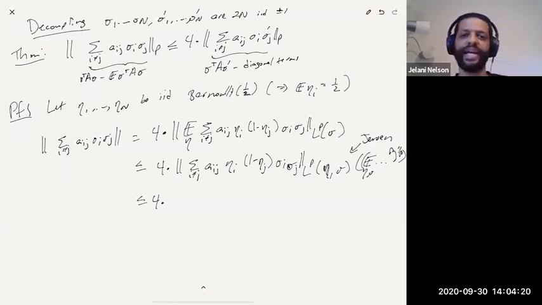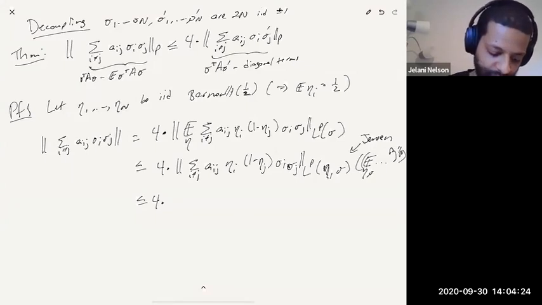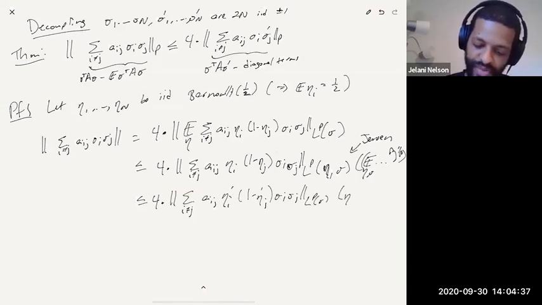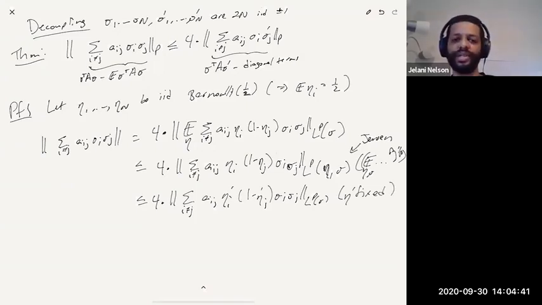There must be some fixed eta that's at least the average, not at most the average. So this is at most the sum I not equal to j of aij sigma I prime, 1 minus eta j prime, sigma I sigma j, where now the randomness is only over sigma, where eta prime is fixed. It's not random. Eta prime is some fixed 0, 1 vector. So there must be some vector whose value is at least the average.